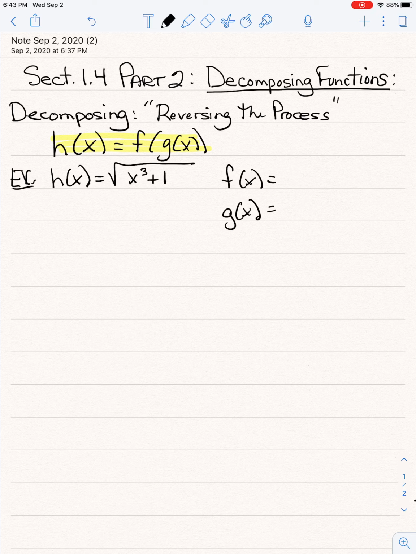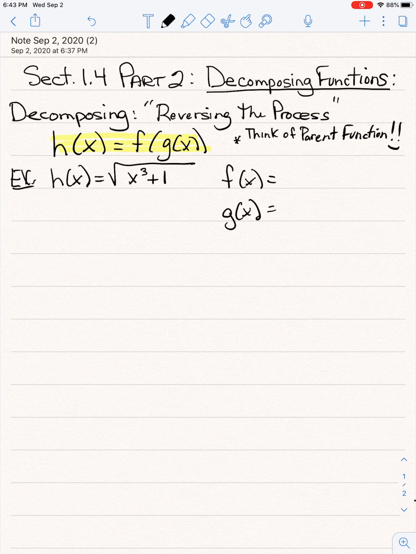Okay, maybe thinking of parent functions is helpful here. Like your very basic functions, your linears, your square root, your squares, that sort of thing.